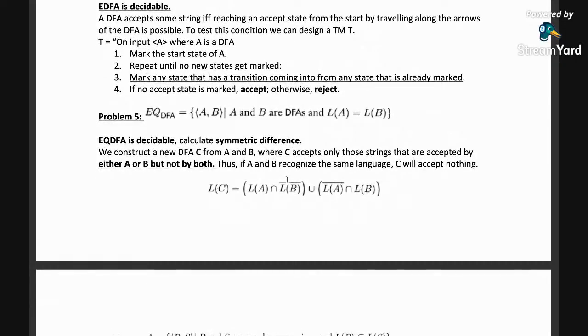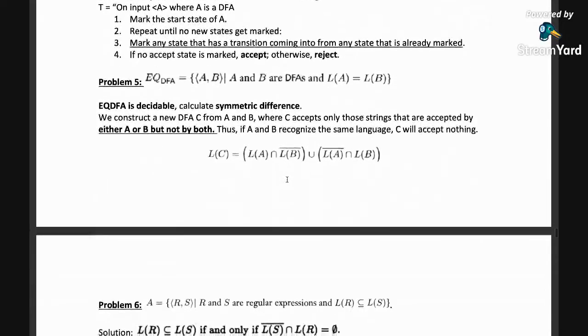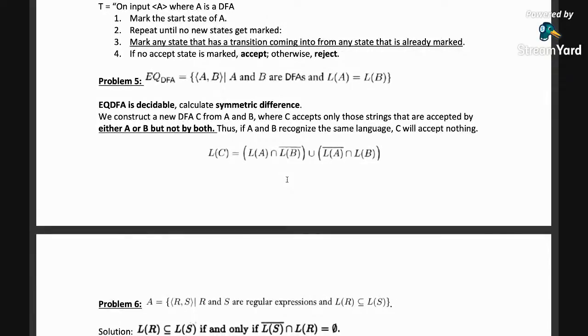EQ_DFA: A and B are DFAs and the language of A equals the language of B is decidable. Calculate the symmetric difference.